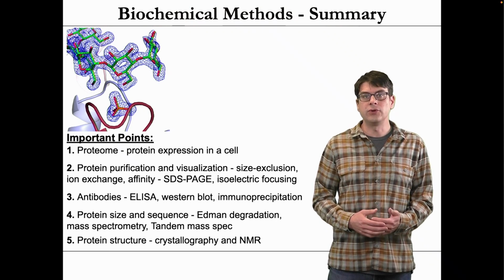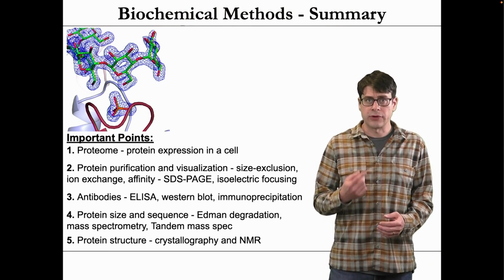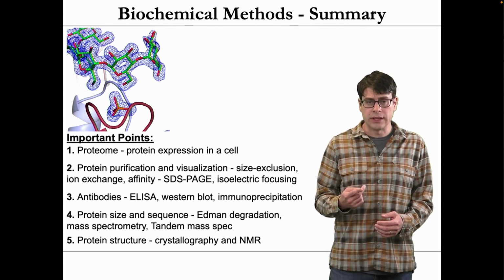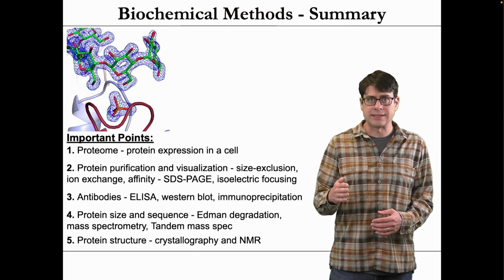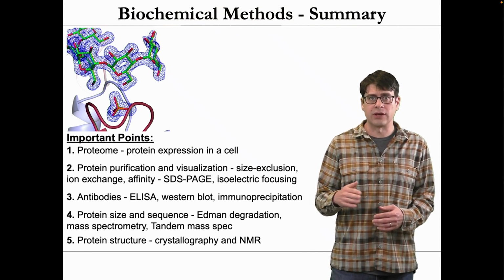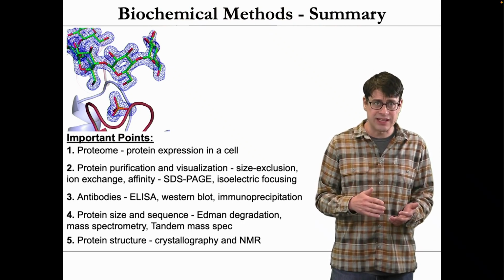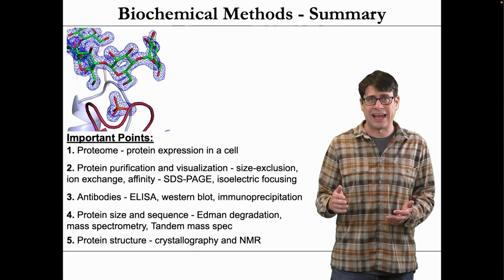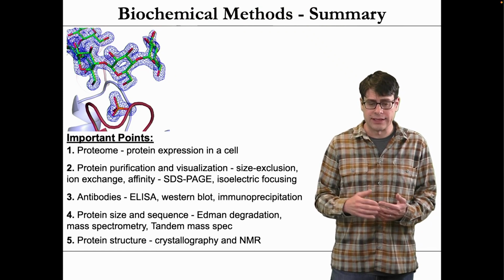All right, so there are a few take-home points I'd like to emphasize here at the end of this lecture. The first is about the proteome. You need to understand that the proteome describes the protein content in a cell or a group of cells at a specific time under specific conditions. While the genome is fixed, the proteome is dynamic, so it can change in different cell types or under different experimental or physiological conditions.